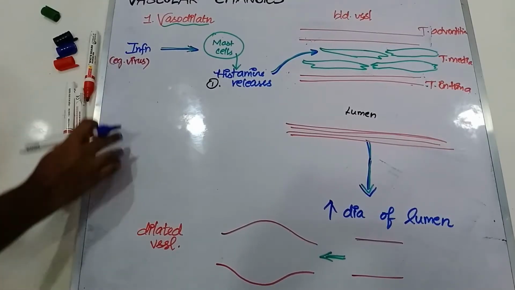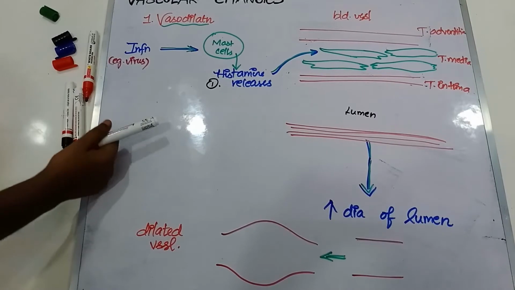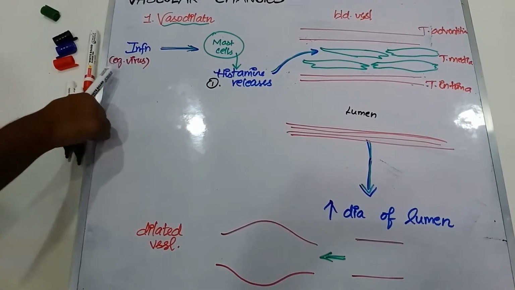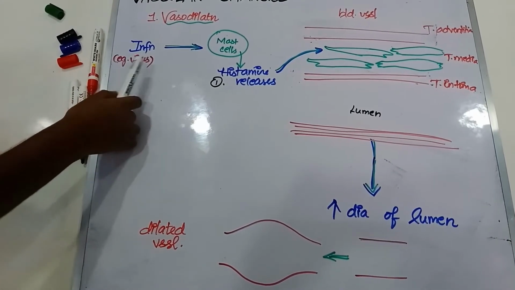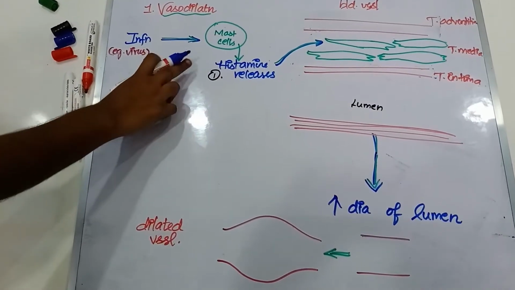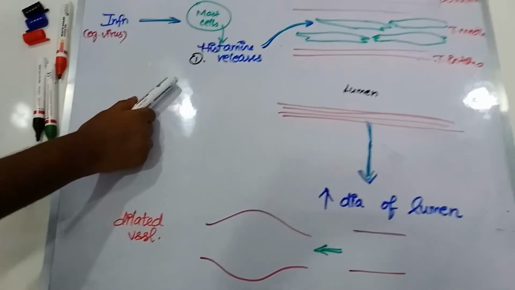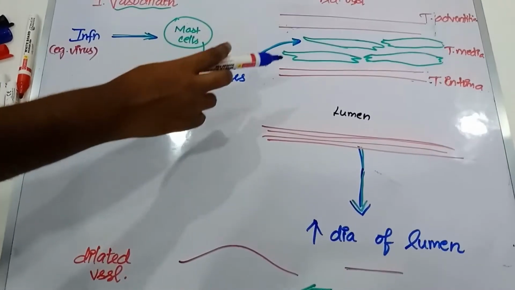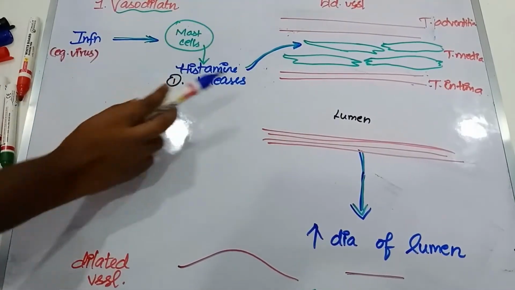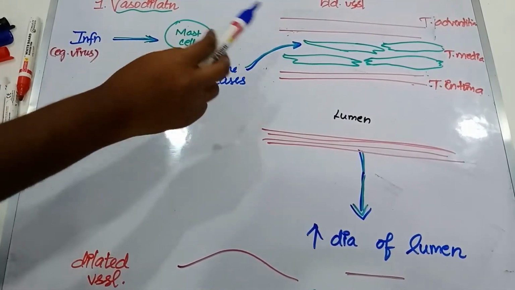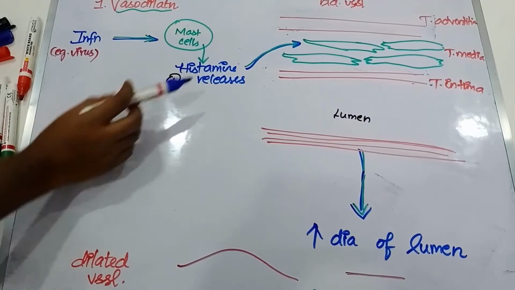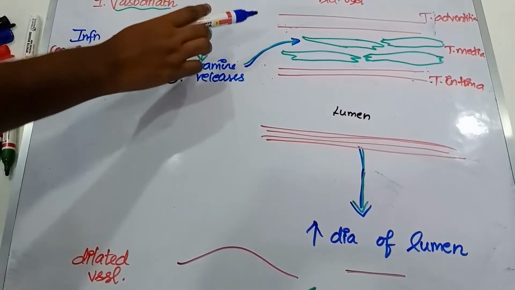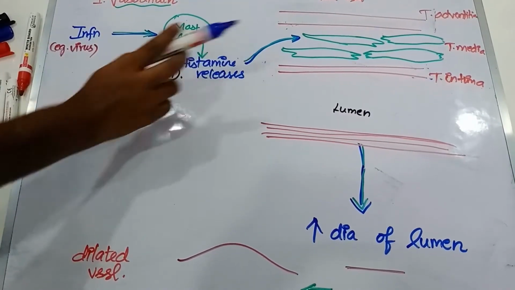In the vascular changes, the first change will be the vasodilation. In response to any infection, the mast cells in our body release histamine. Histamine acts on the vascular smooth muscle on the blood vessel wall. The blood vessel wall is lined by 3 layers from outermost to inner: tunica adventitia, tunica media and then tunica intima.